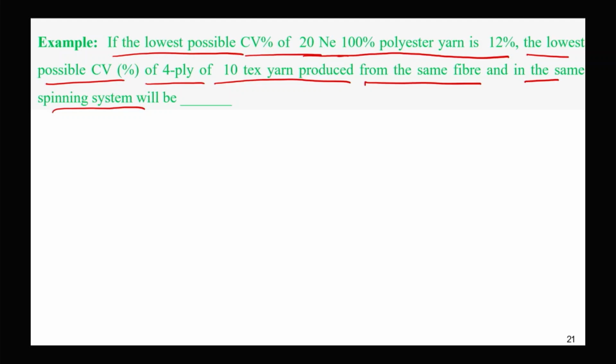The similar type of numerical. Now let us try to see. 12% is the CV limit. So first let us calculate the tex value.